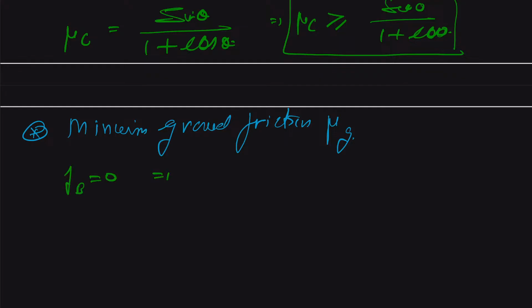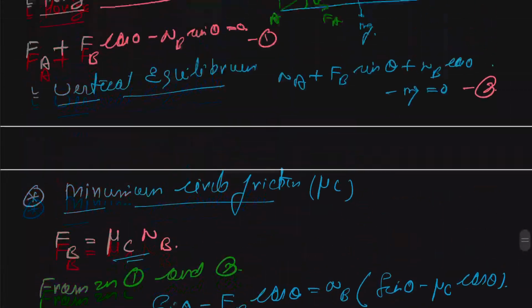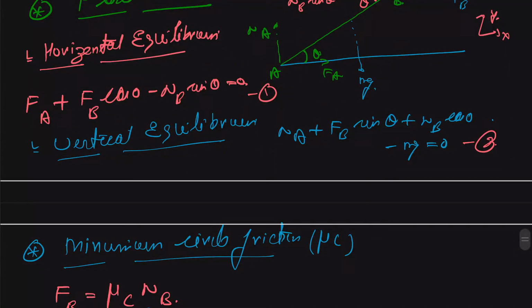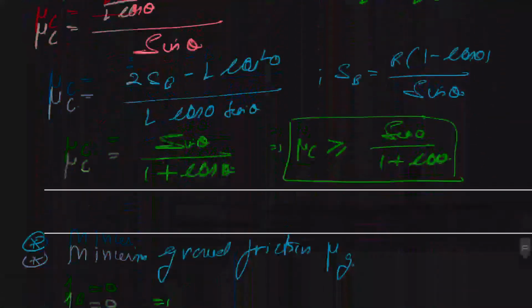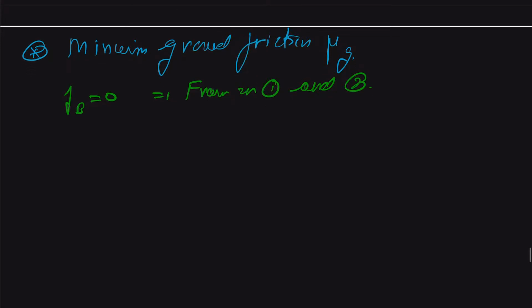Therefore, we already have two equations, equation number 1 and equation number 2. So from equations 1 and 2, we put F B equal to 0. Sorry, this is capital F, not small f.